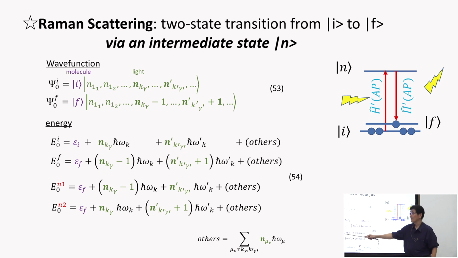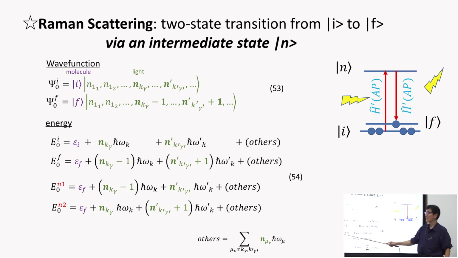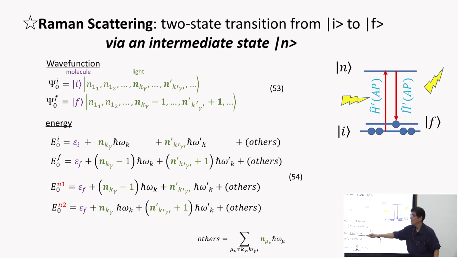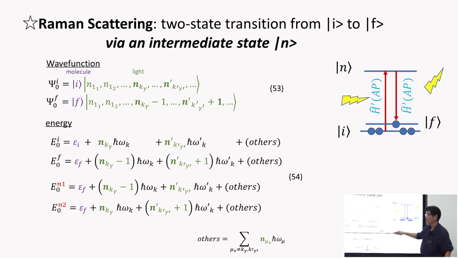In the first intermediate, the photon quantum number decreases 1, so from initial to N1 state, the quantum number decreases 1, and during the transition from N1 to F, the quantum number of the other light increases 1.